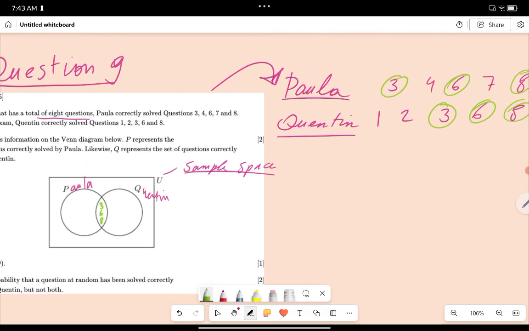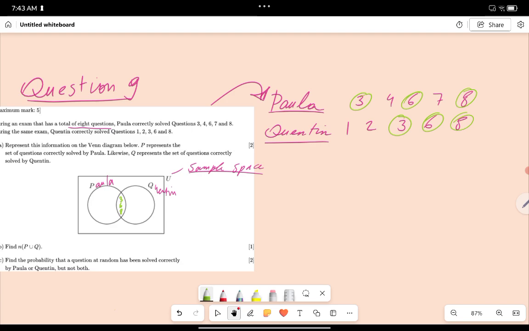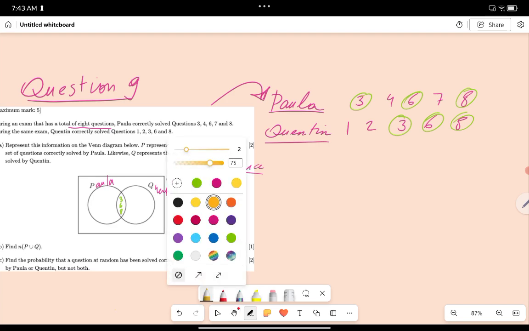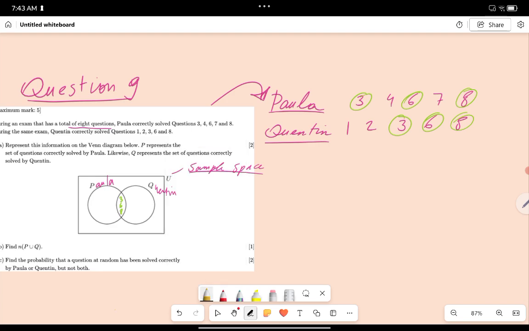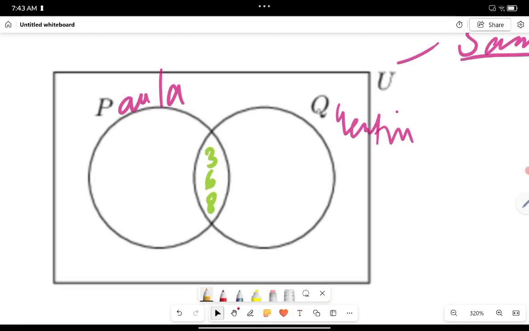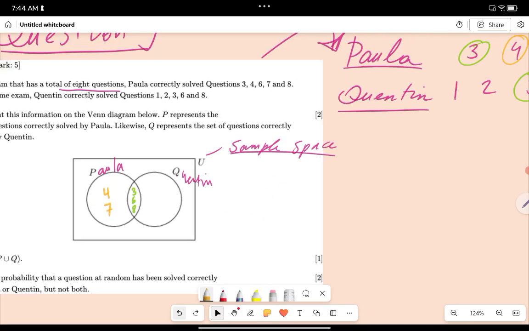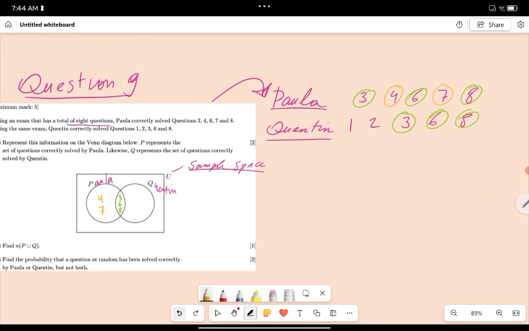Okay, now we're going to fill the remaining things. So Paula has 3, 6, and 8, but she also has 4 and 7. So let's put that here, because that's in this part, it's not what Quentin has answered. So we've got 4 and 7.